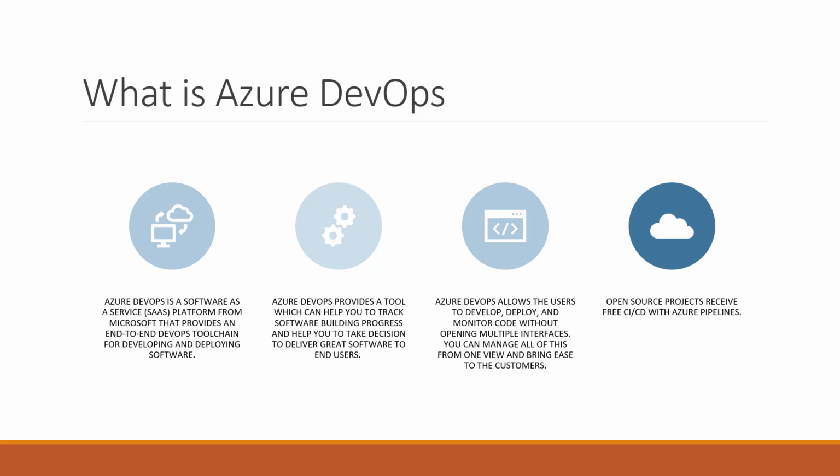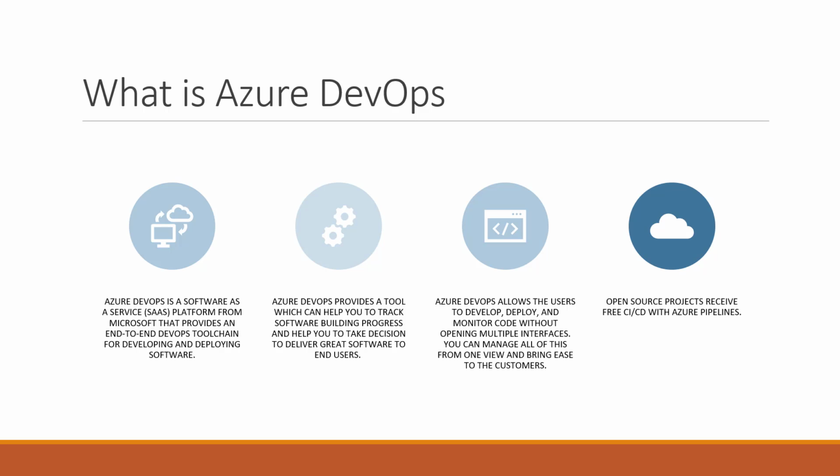End-to-end means all the tools required for developing and deploying your software are present in Azure DevOps, so you don't need to go anywhere else for your end-to-end software development activity.